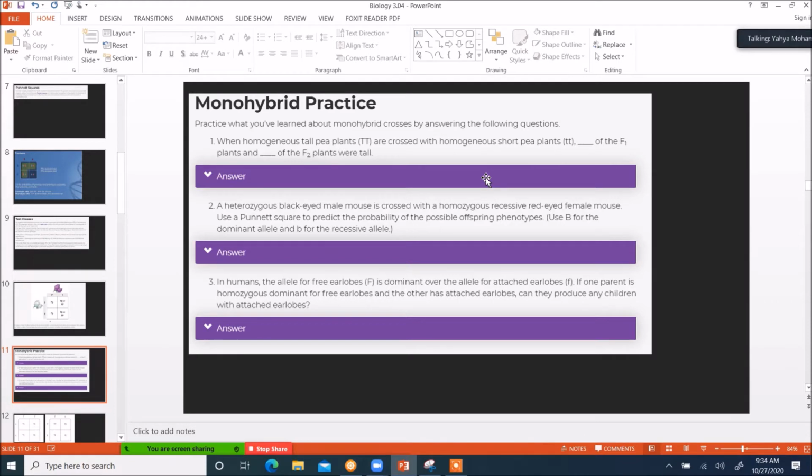Let's go to the problem. I'm going to give you guys 1 minute. On your paper, try problem number 1. Make the Punnett square and see what you can figure out.